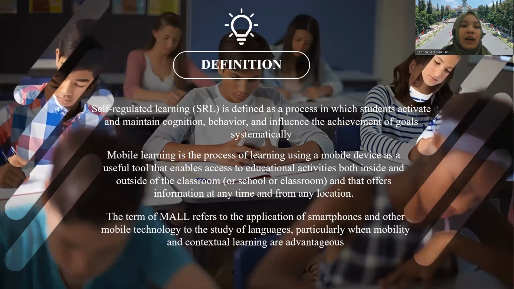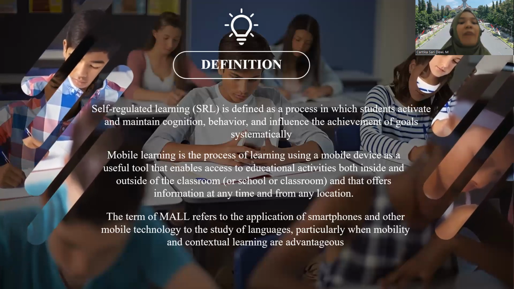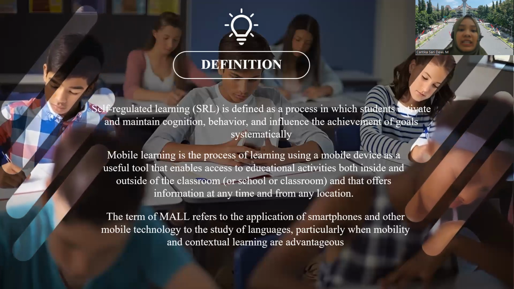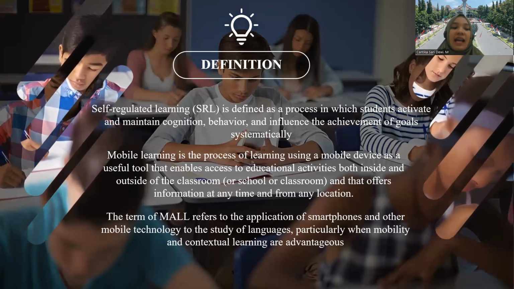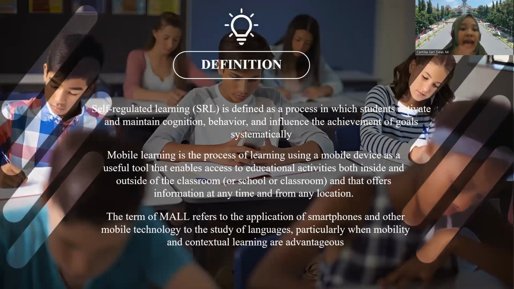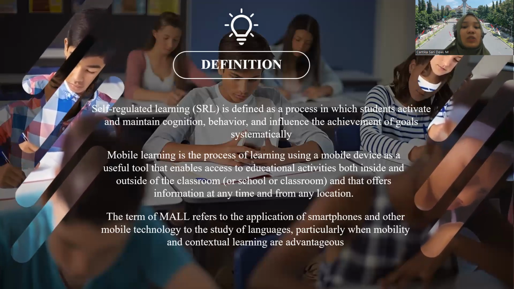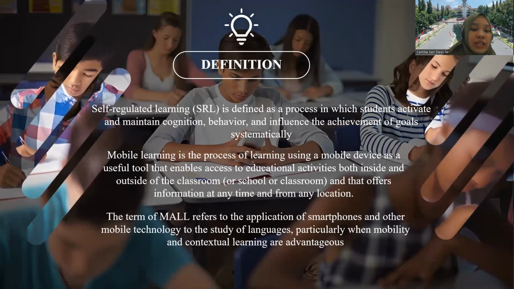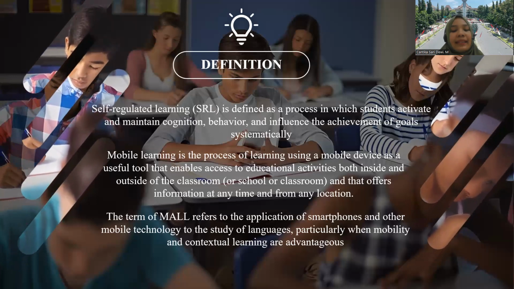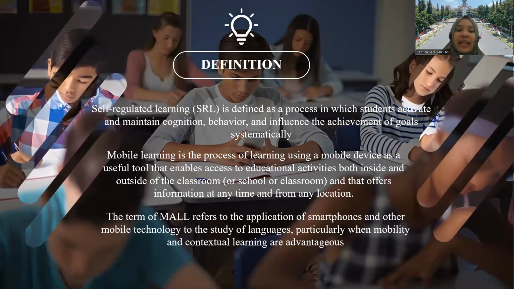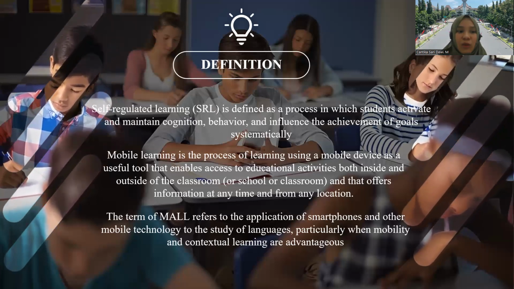And then the second term we have is mobile learning. So mobile learning is the process of learning using a mobile device as a useful tool that enables students access to educational activity both inside or outside of the classroom, and that offers information at any time and from any location.